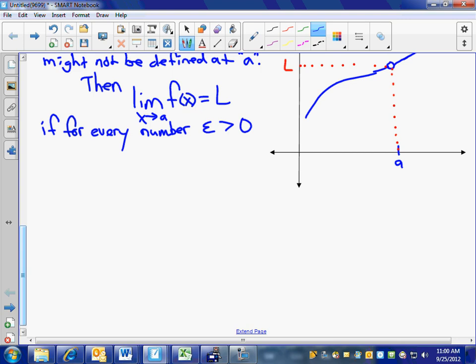Epsilon is going to be a really, really small number, and it's going to correspond with our outputs.